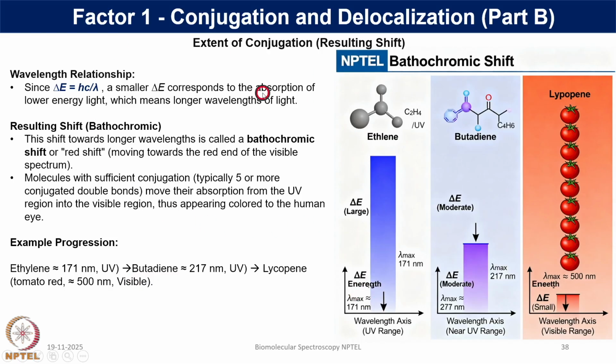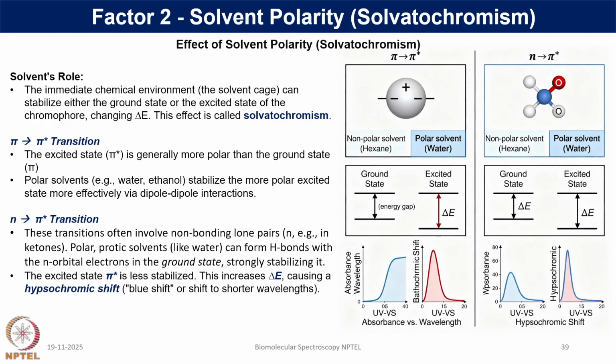So, that is called bathochromic shift. Such molecules appear colored to the human eye, that is why a red tomato is red. For example, ethylene 171, butadiene 217 and lycopene in red tomato 500 nanometer, that is called bathochromic shift.